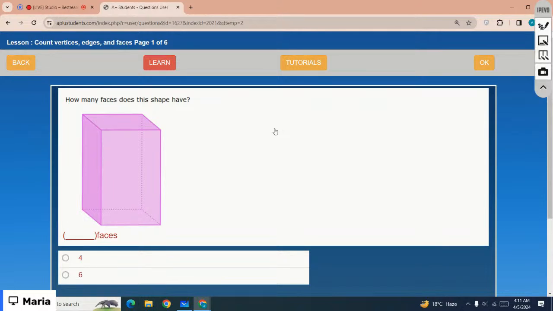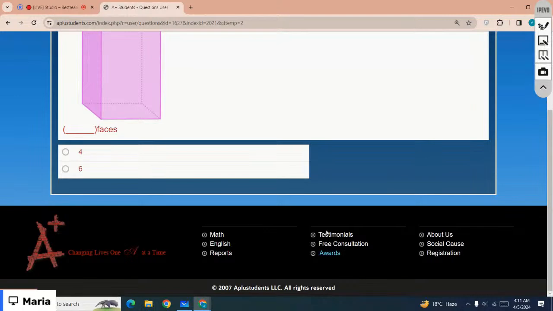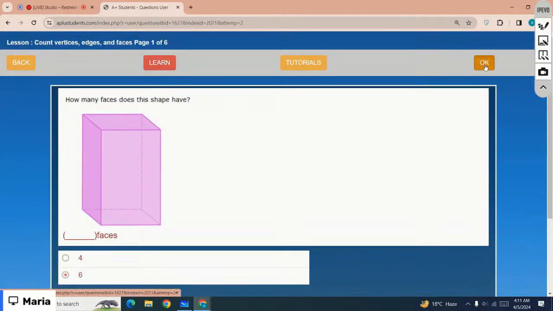That's a shoebox, or you can say rectangular prism. It has six faces. Very good. The correct option is six.